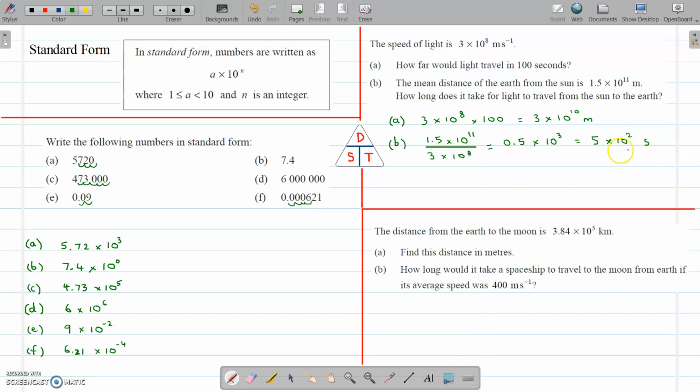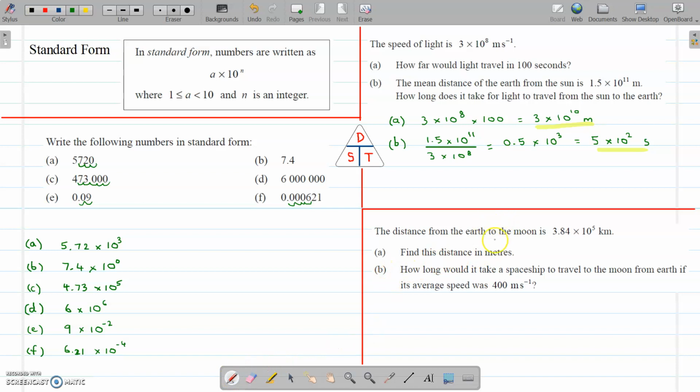Now that of course is 500 seconds, and there is an argument for putting the answer as 500, but given that the question is in standard form, it's also reasonable to give the answer in standard form.